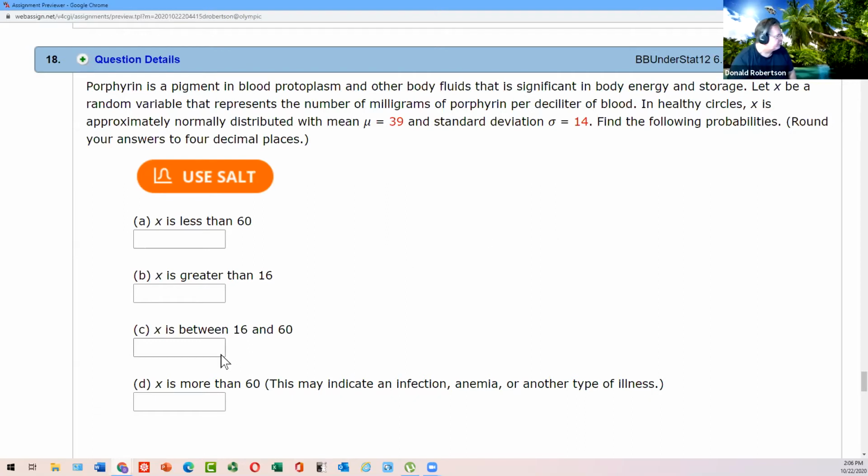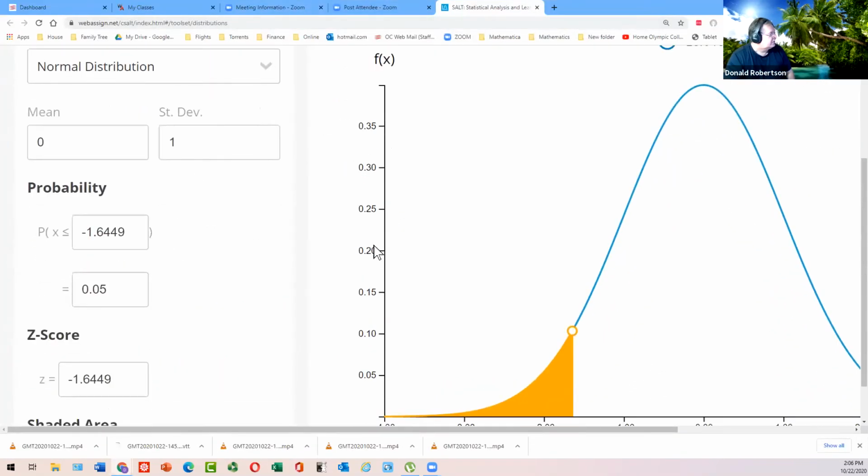We're going to find, if you choose a person at random, what's the chance that they get a level between 16 and 60. This is question C. 16 and 60. So I'll hit that guy. I'll come over here, and I might have to reduce this a little bit. I can still use it.